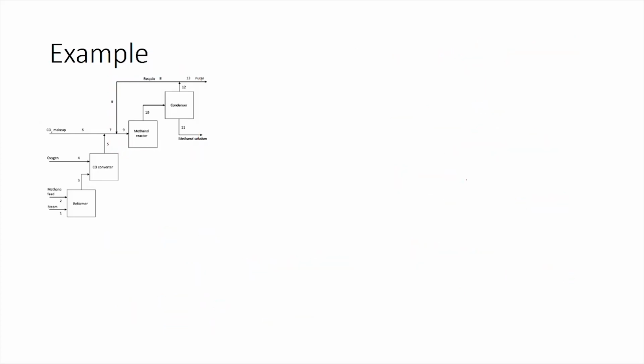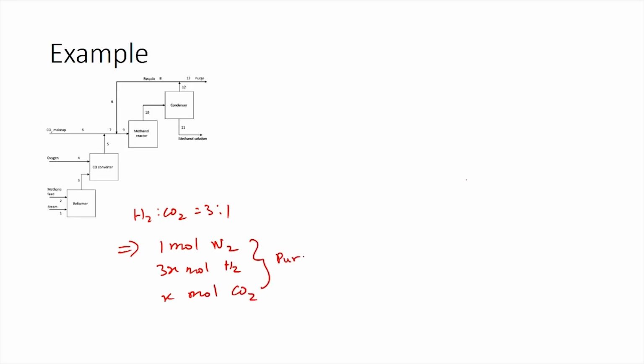Using this, we can calculate the amount of hydrogen which is leaving through the purge stream. So, what we have here is hydrogen to carbon dioxide in the purge stream is 3:1. This implies you have 1 mole of nitrogen, 3x moles of hydrogen and x moles of carbon dioxide in the purge stream. The total purge is calculated already as 20 moles.